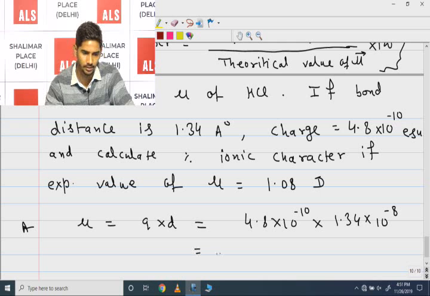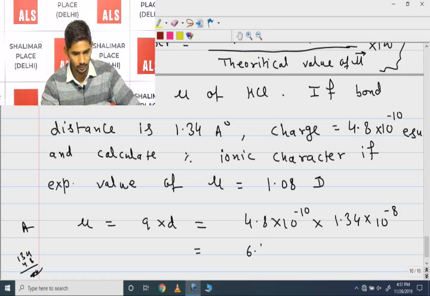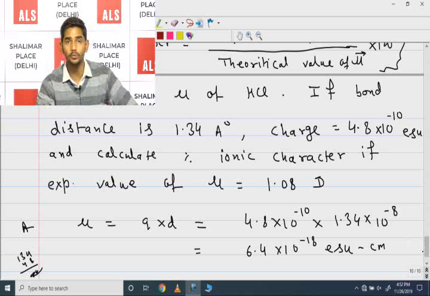Just solve this, and after solving, this will be approximately 6.4 into 10 to the power minus 18 ESU centimeter. So this is the mu, the theoretical value that we have calculated with the help of the formula.